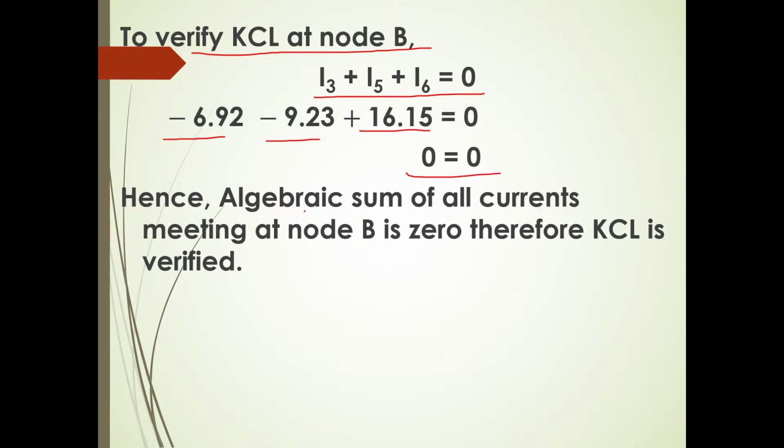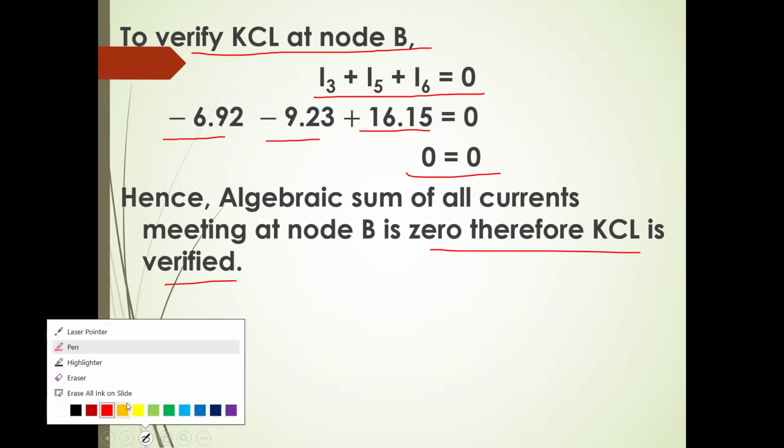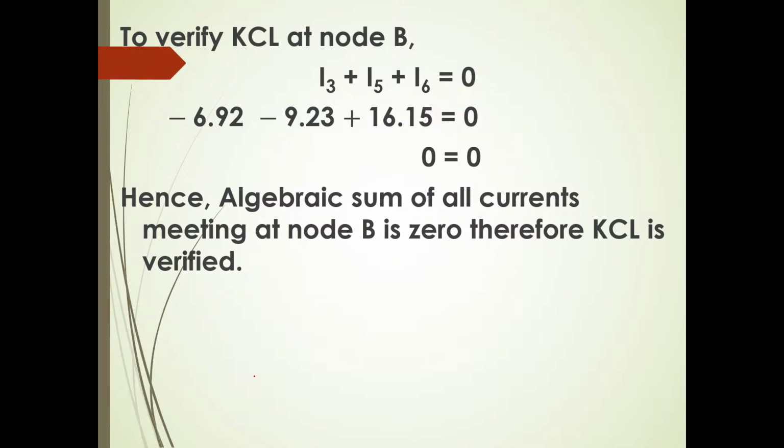So 0 is equal to 0 means KCL is verified at node B.